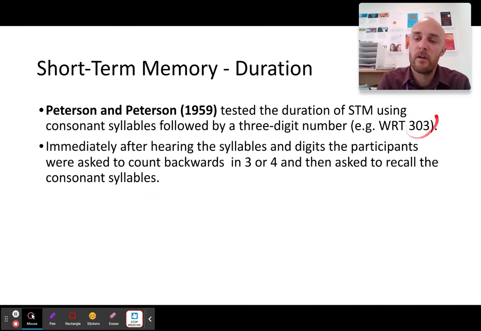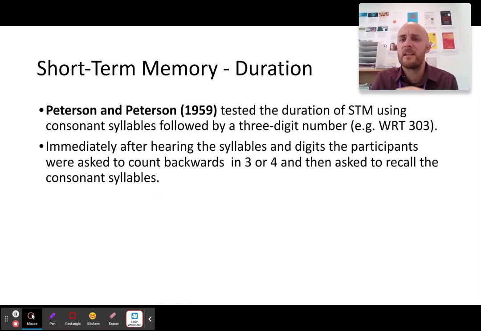So if I were to go 303, going backwards in 3s, they say WRT 303, and I go, right, 300, 297, 294, 291, 288, 285, 282, 279, 276, 273, and at some point they'll say, right, stop. What was the 3 digits? What were the 3 letters? And you have to remember.